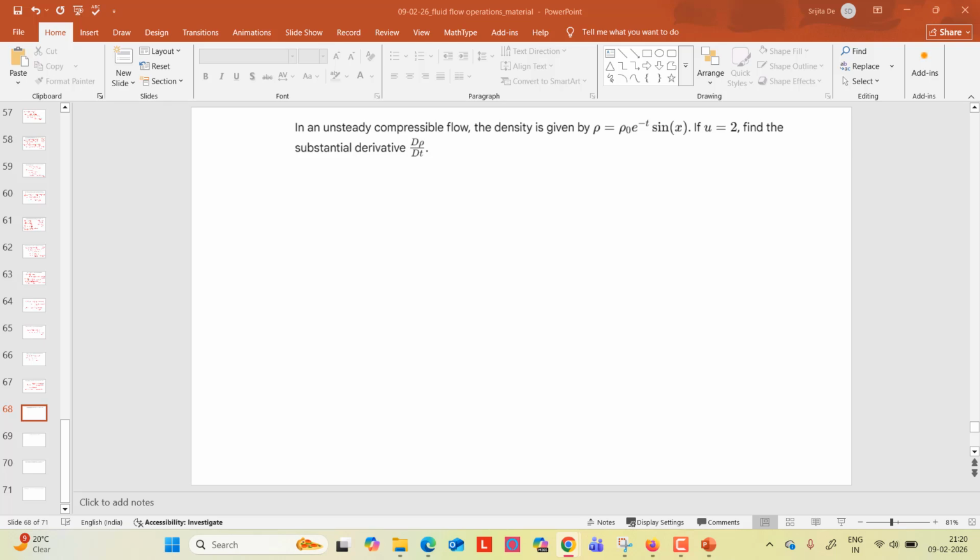So d rho dt means u into del rho del x plus v into del rho del y plus w into del rho del z plus del rho del t.